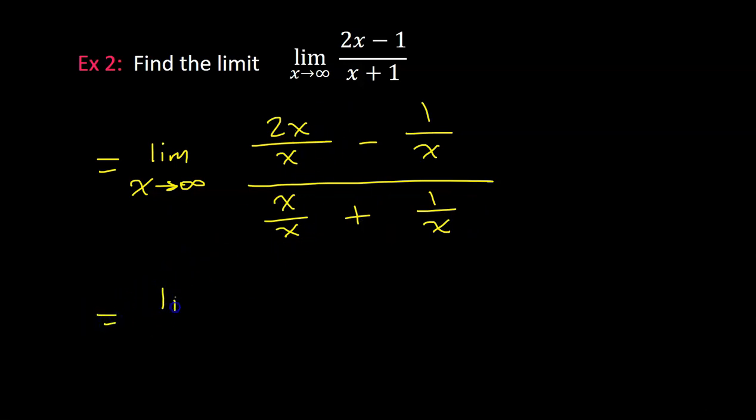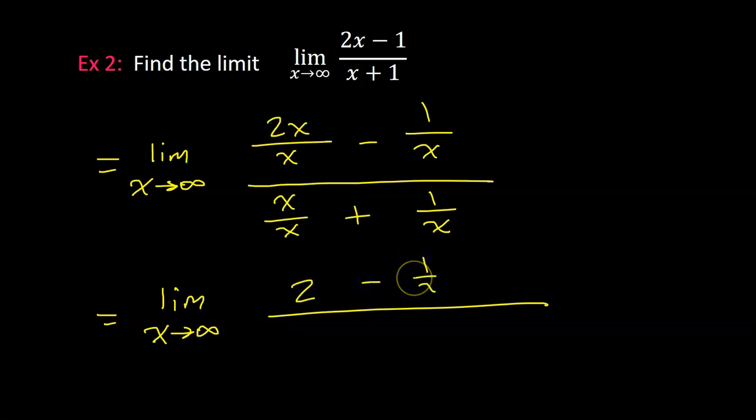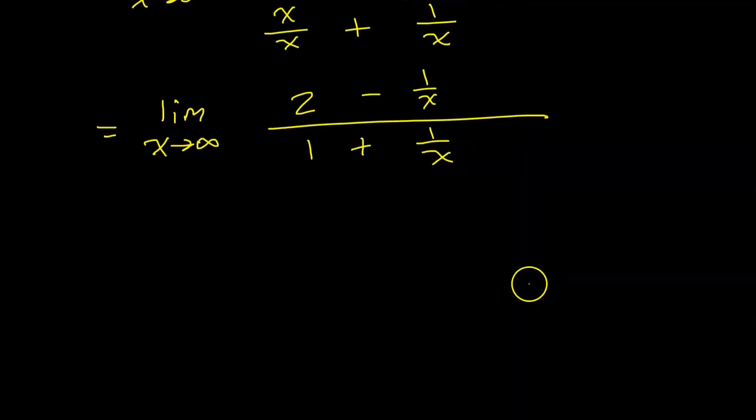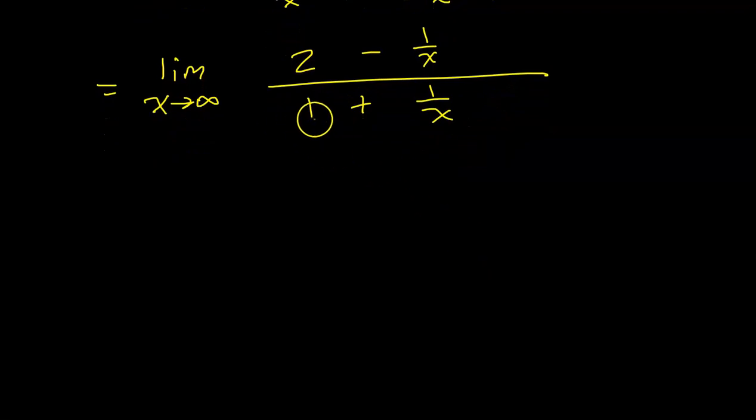So this will be the same as the limit as x approaches infinity of 2, these x's cancel out, minus 1 over x, over 1 plus 1 over x. In this form, we will not get the indeterminate form as we take the limit. So we're taking the limit of each of these 4 terms separately because of the properties of limits.